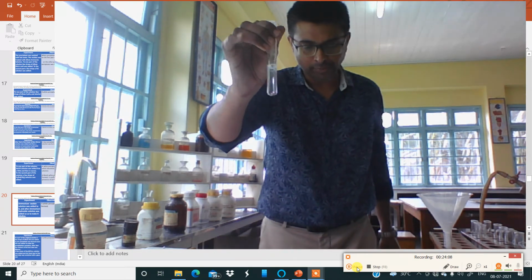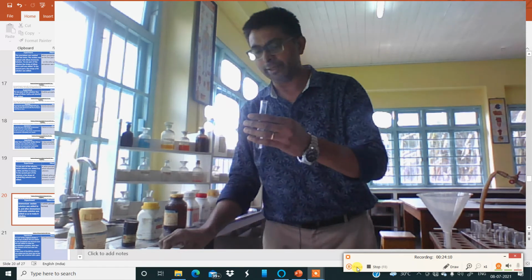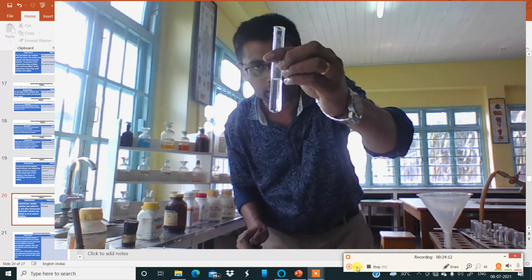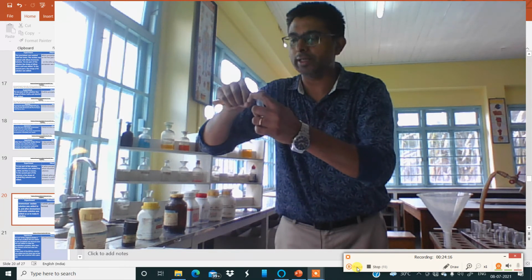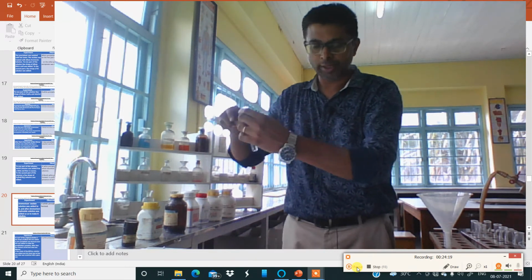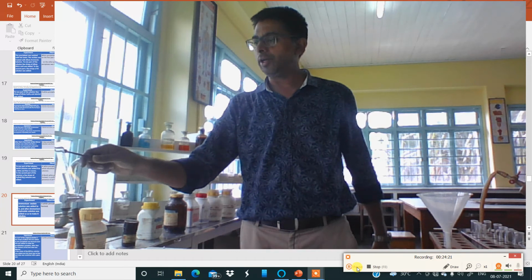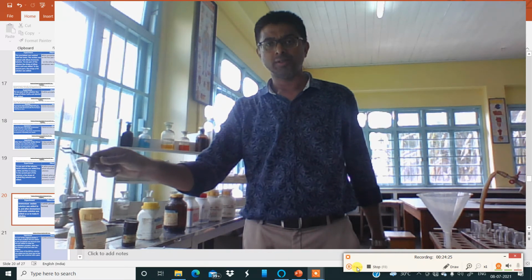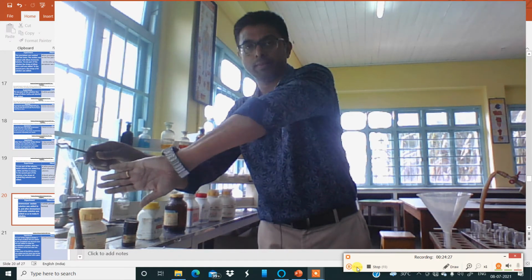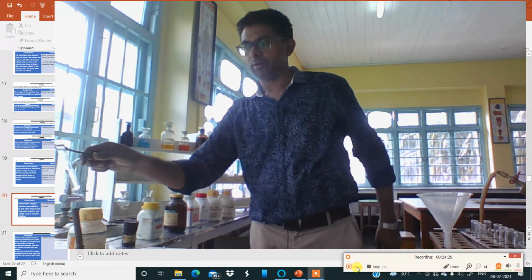Now I'll boil it slightly, because bubbles are coming out, which means carbon dioxide gas is there. We have to remove all the carbon dioxide gas present in this solution. So I'll warm it on a Bunsen burner flame over here. It's getting boiled up.